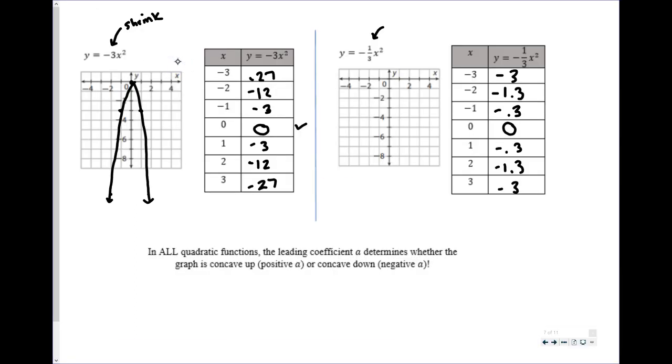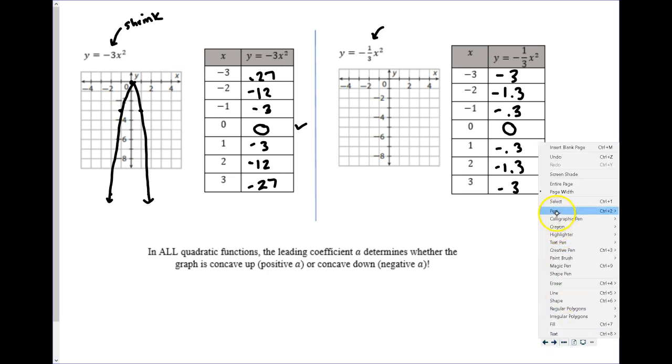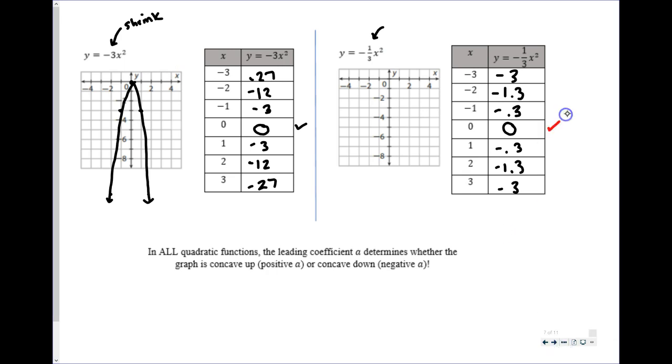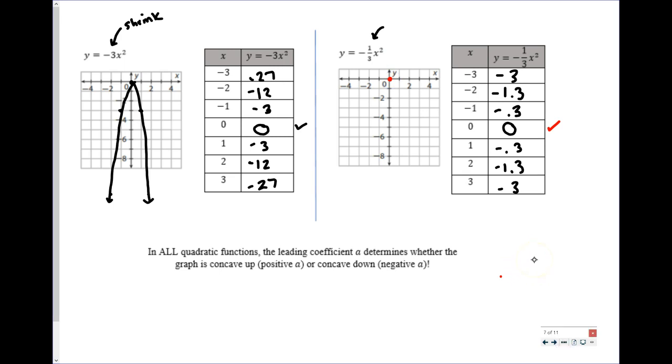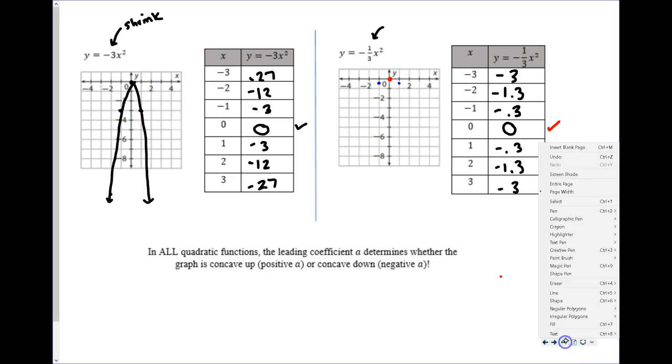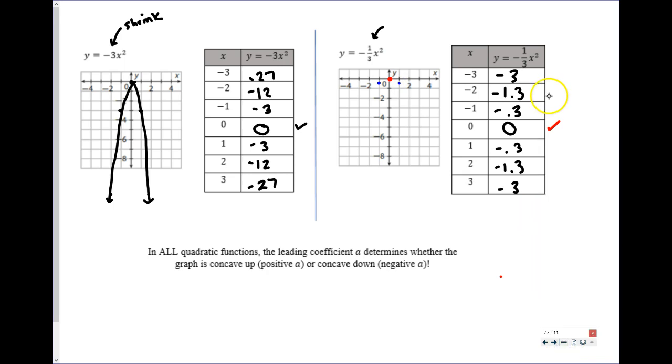Okay. So I'm going to start with my 0, 0, and I'm going to go ahead and use colors for this. So here's 0, 0 in red. The next point is negative 1, negative 0.3. So I'm going to do negative 1, and negative 0.3 is about right there on either side. That's about 1/3. And then for the next point, I've got negative 2, negative 1.3, and that's about right here.